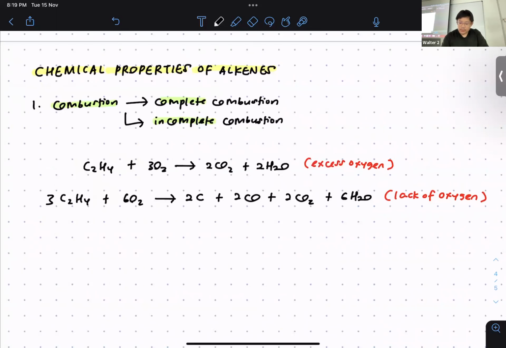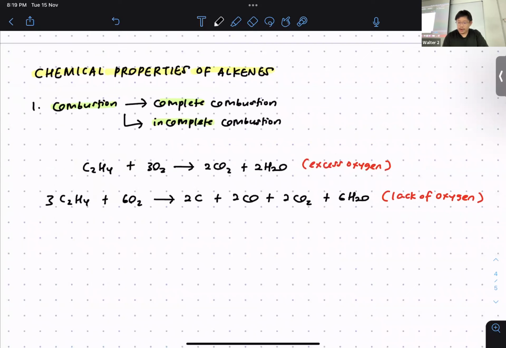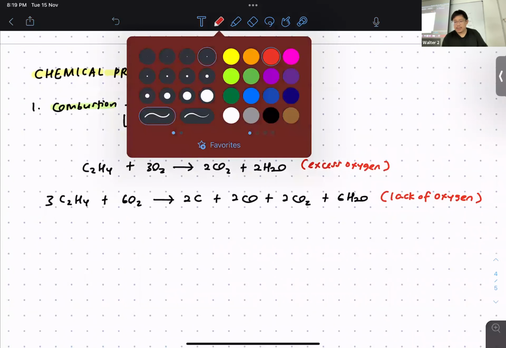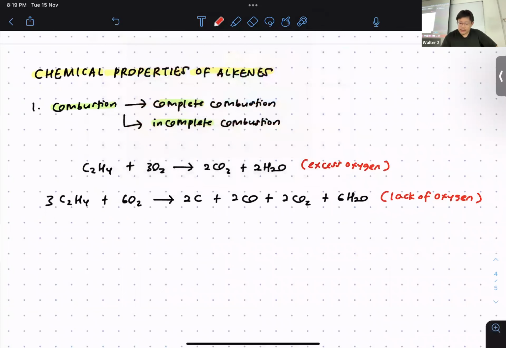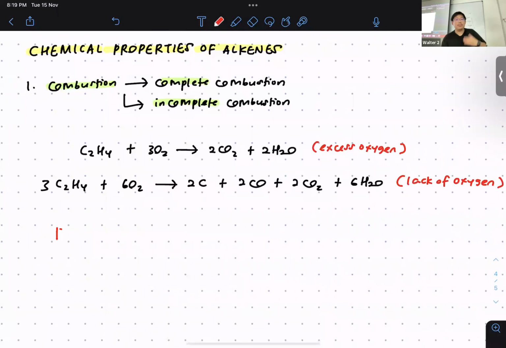Okay, and now I'm going to put a side note over here. Side note means sometimes they might ask you a tricky question. So the side note here is that alkenes will combust with much more soot compared to alkanes.